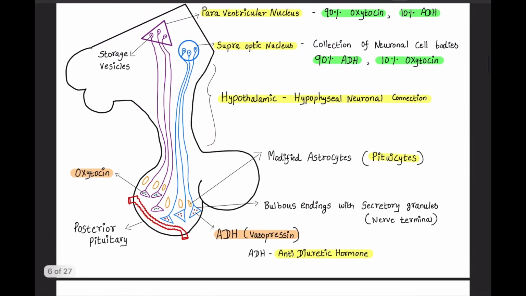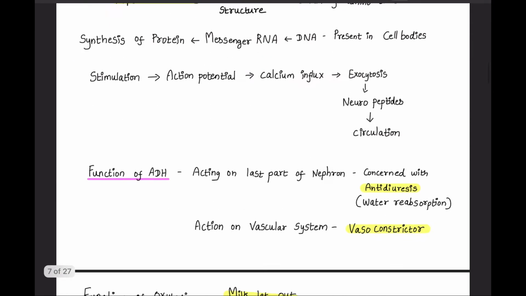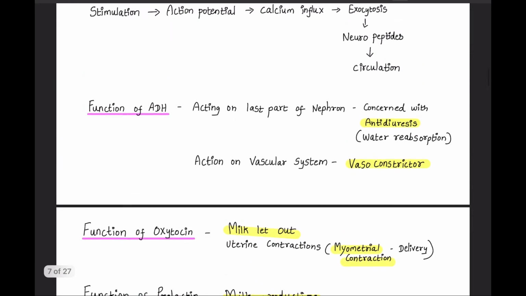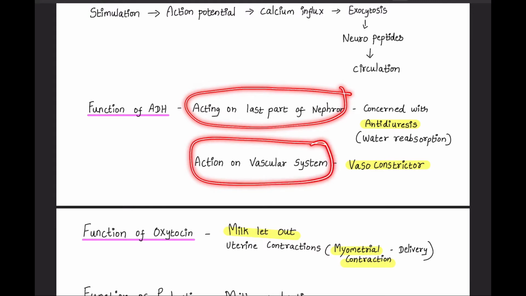And now we will see the function of ADH, that is antidiuretic hormone, and oxytocin. So what is the function of antidiuretic hormone? This ADH acts on the kidney. The function is antidiuresis. The name itself is self-explanatory. Antidiuretic hormone, antidiuresis. That means it will reabsorb the water, it saves the water, and it also acts on the vascular system.